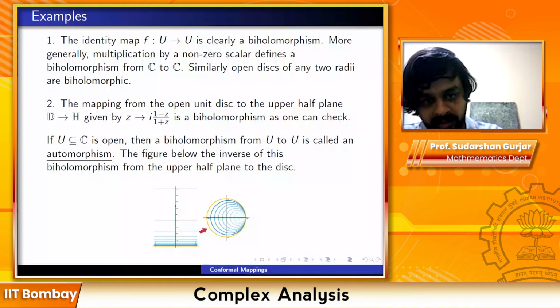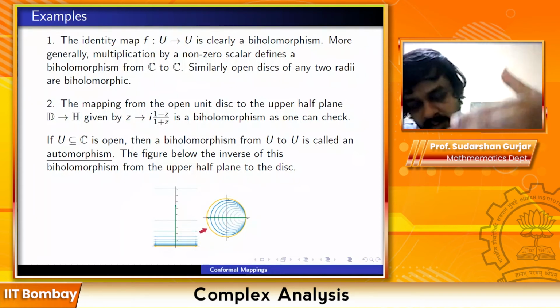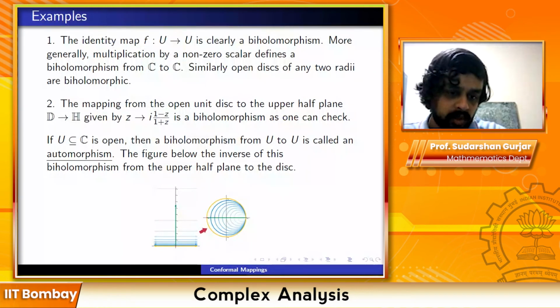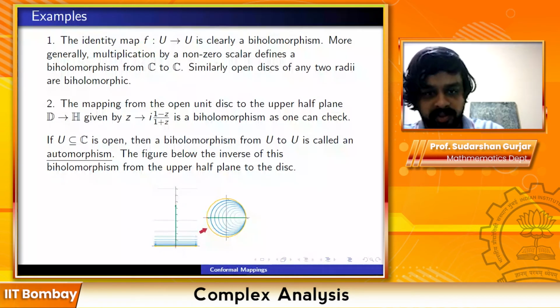The x-axis is not there in the domain. The unit circle is also not there in the codomain. But as you approach the x-axis through a sequence of horizontal lines, the images will consist of these blue circles that are drawn, which slowly converge to the yellow circle. So the closer the horizontal line is to the x-axis, the larger is the image, and in the limit you get the unit circle. So this is the picture.